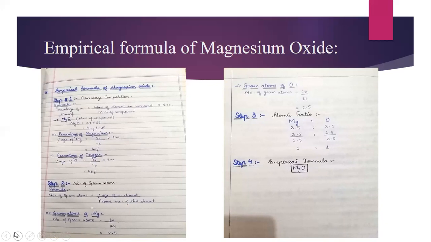When we find the atomic ratio in step 3, we will know that they are in equal ratio, 1:1, and the ratio is already a whole number, so there is no need to multiply it with a digit to get the whole number. Now we will assign the empirical formula. The empirical formula is similar to that of the molecular formula, MgO. There are many compounds in which the empirical formula is the same as the molecular formula.